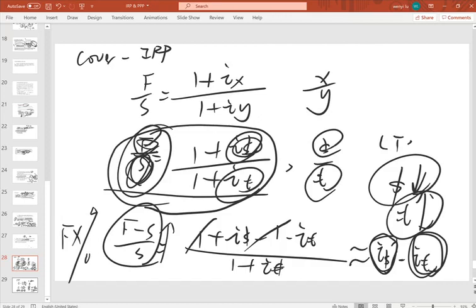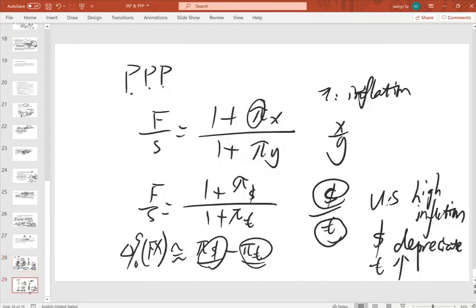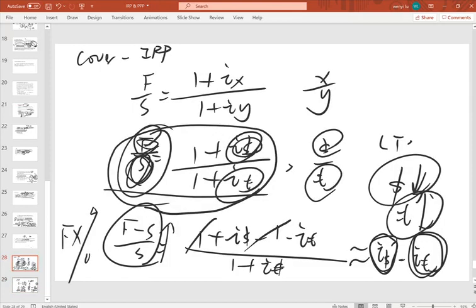And for purchasing power parity, you will also use this equation to do some small calculations and give some simple interpretations. We will not expect you to do very deep, difficult calculations and difficult interpretation for these chapters.